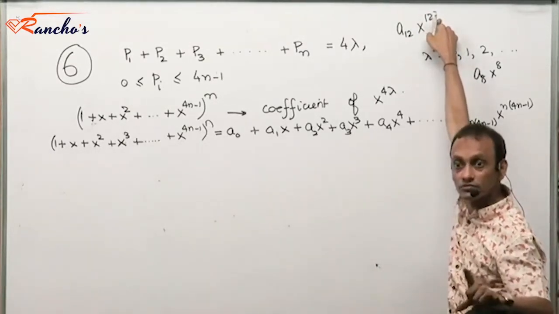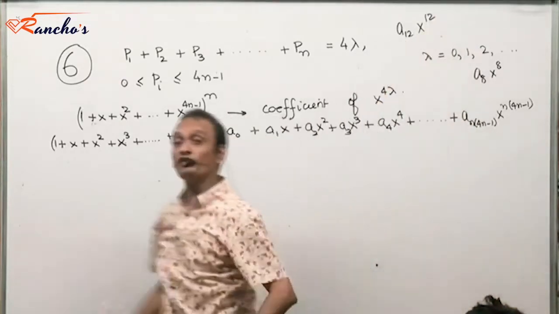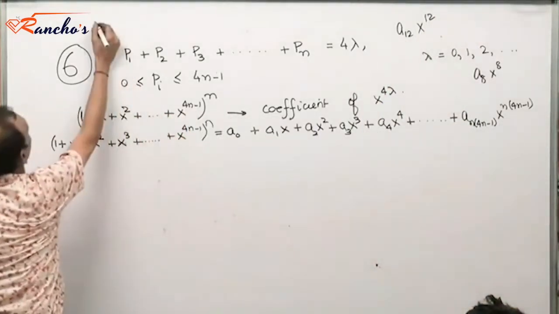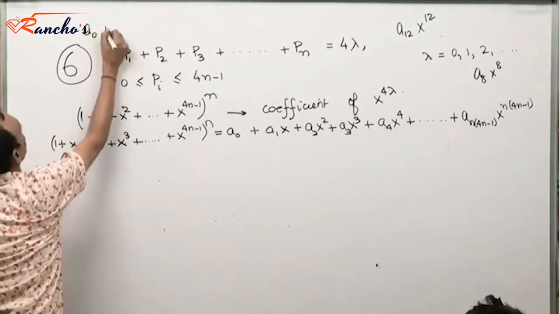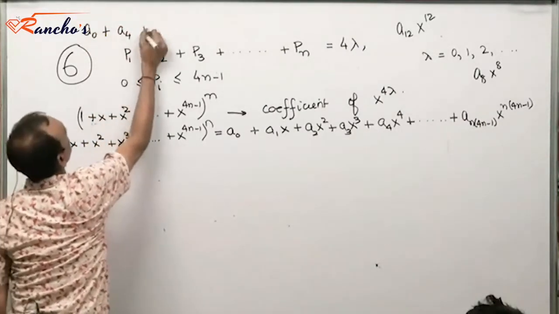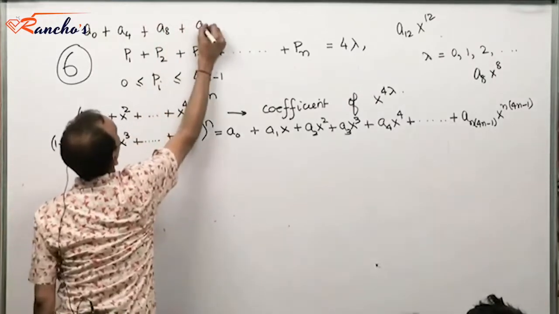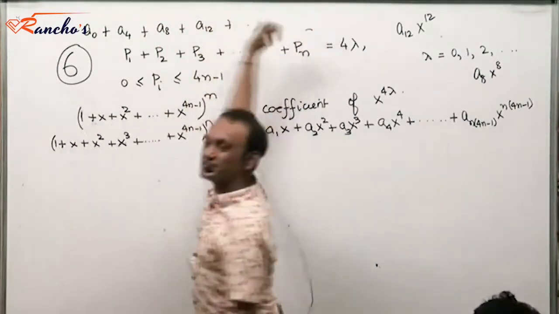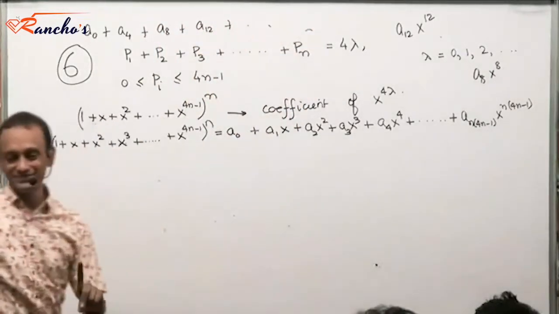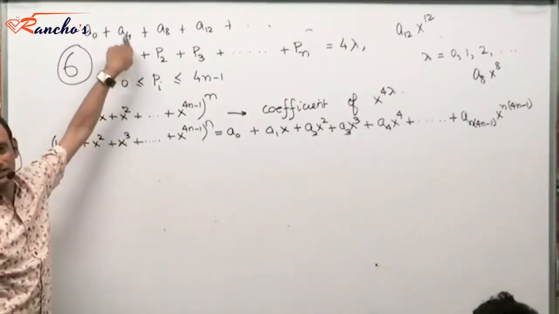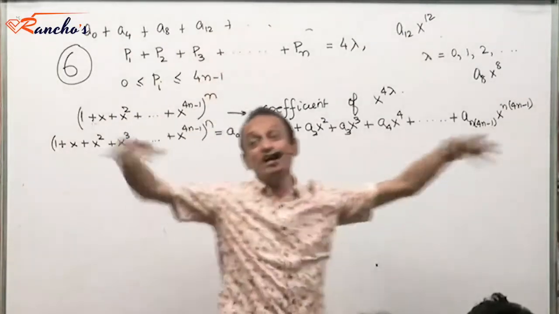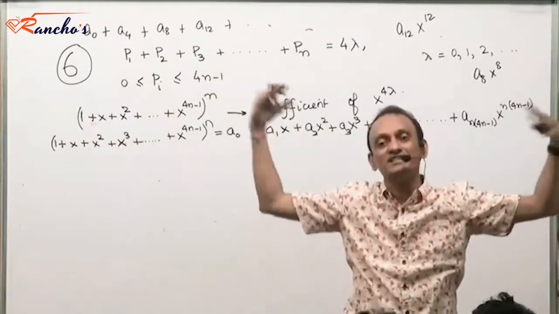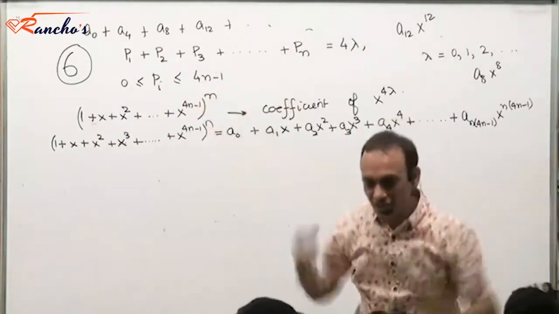What am I trying to find here? I am trying to find the coefficients a0 plus a4 plus a8 plus a12. This is the value that I am seeking. Do you understand? This will give me the number of ways in which 4 things are distributed, 8 things are distributed, 12 things are distributed, and I need all of them because lambda can assume values like 0, 1, 2, 3, etc. Yes or no?